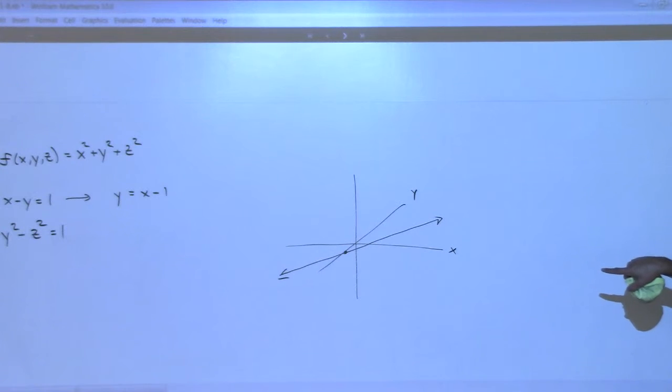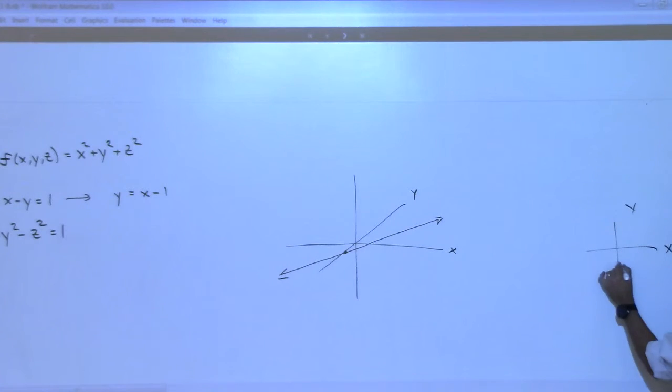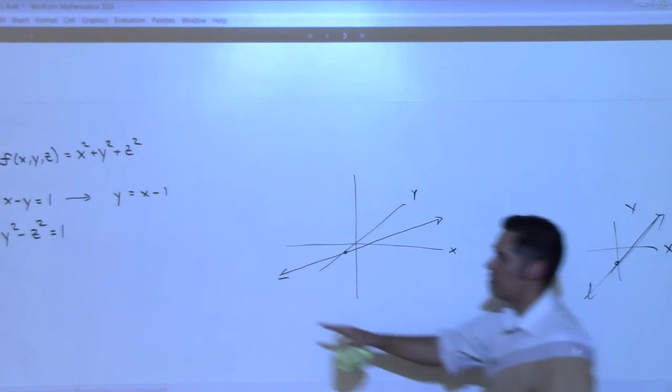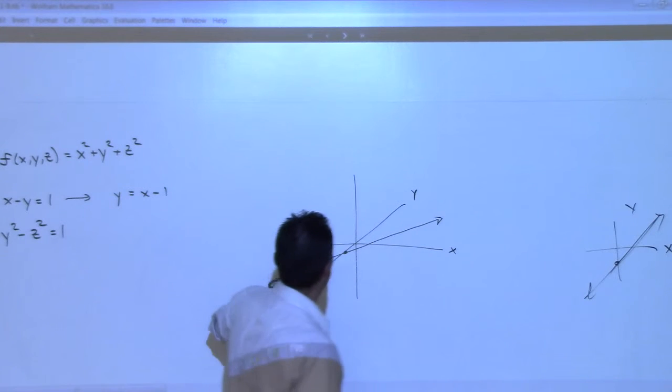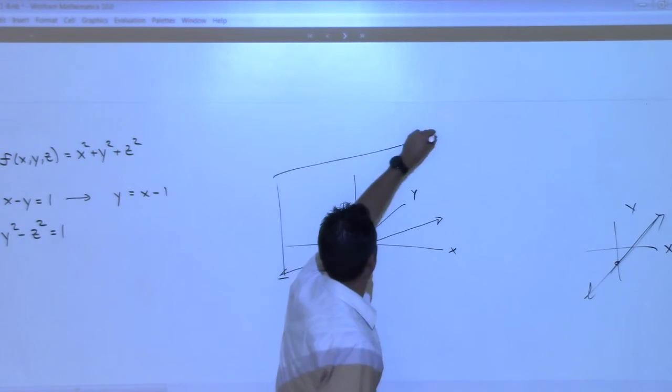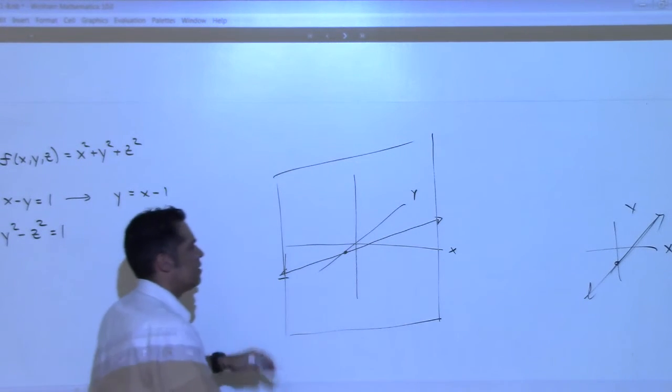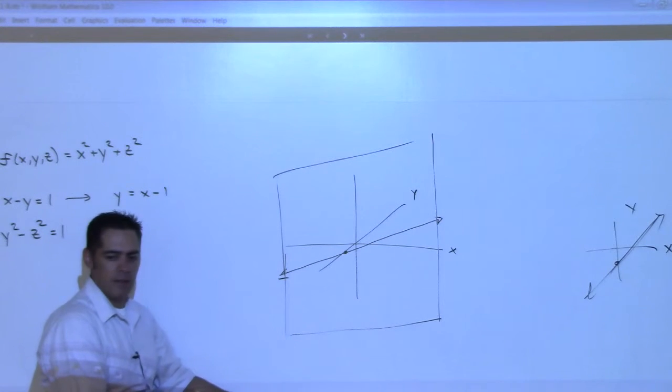That's laying flat on the ground. Just in the xy plane, looks like that, roughly. But your z is free, because there is no z in this equation. Your z is free, which means this is a plane that's cutting through, whoosh, like that.